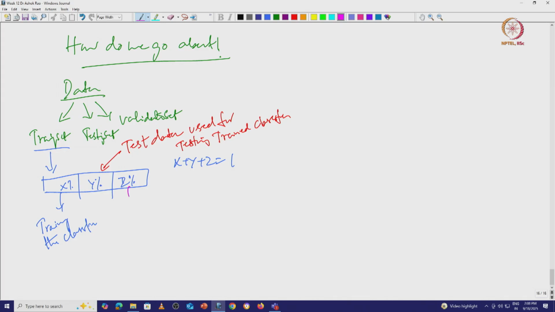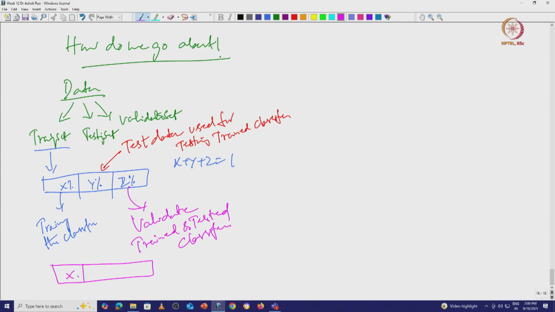You have validation data which will validate trained and tested classifiers. Of course, sometimes this is shuffled.